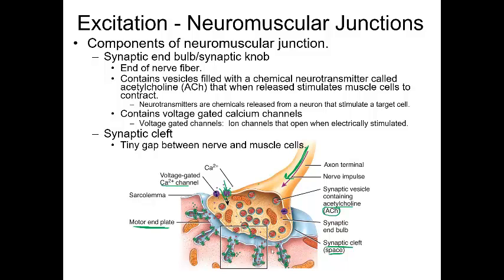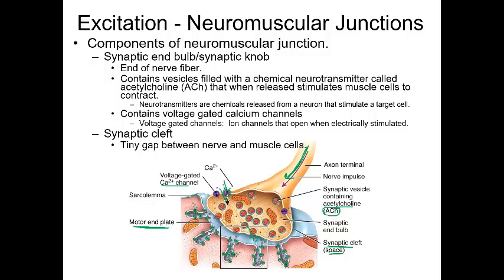Once in the synaptic cleft, all the acetylcholine are these red dots right here. The acetylcholine is in a hurry. It's going to go and find the motor end plate. On the motor end plate, you have the sarcolemma, right? Everybody recall what the sarcolemma is? So it's going to find the sarcolemma. And on the sarcolemma, you have little gates.